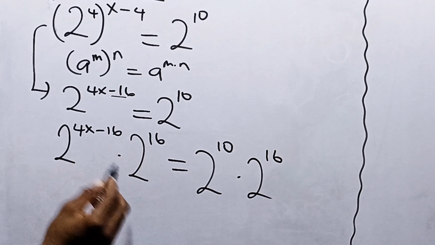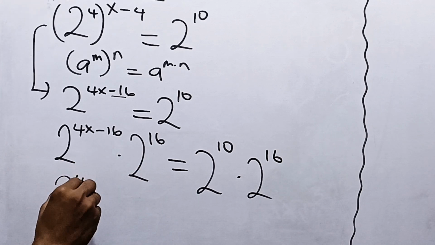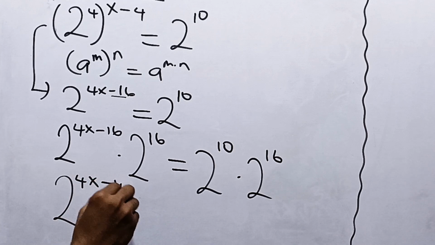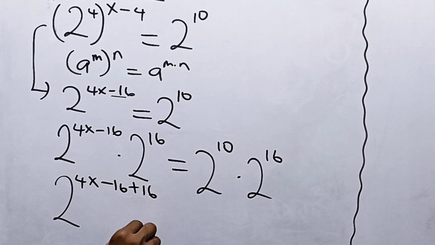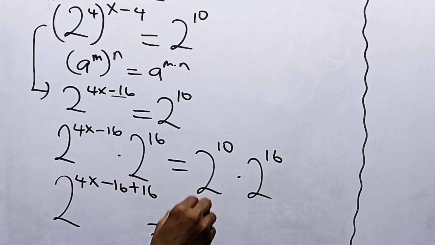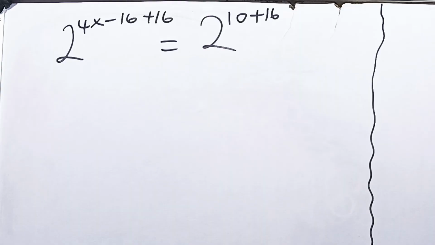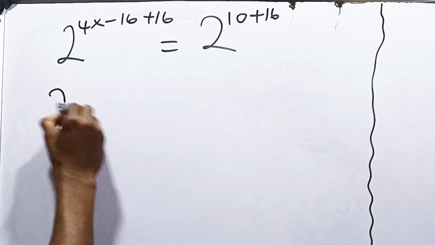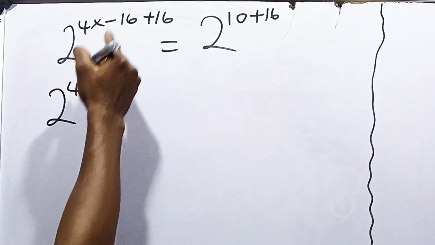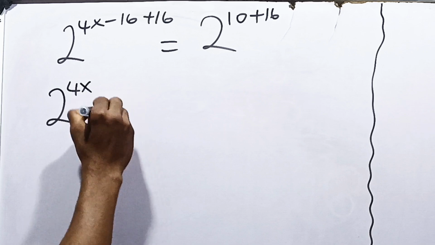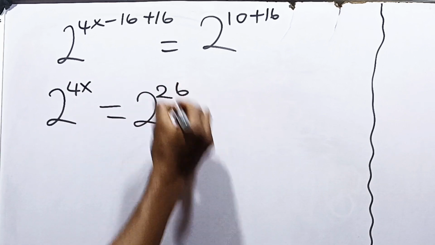Because when you have this, it becomes 2 to the power of 4x minus 16 plus 16, so be equal to 2 to the power of 10 plus 16. Now moving on from here, we are going to have 2 to the power of 4x minus 16 plus 16 is 0, and this is equal to 2 to the power of 26.